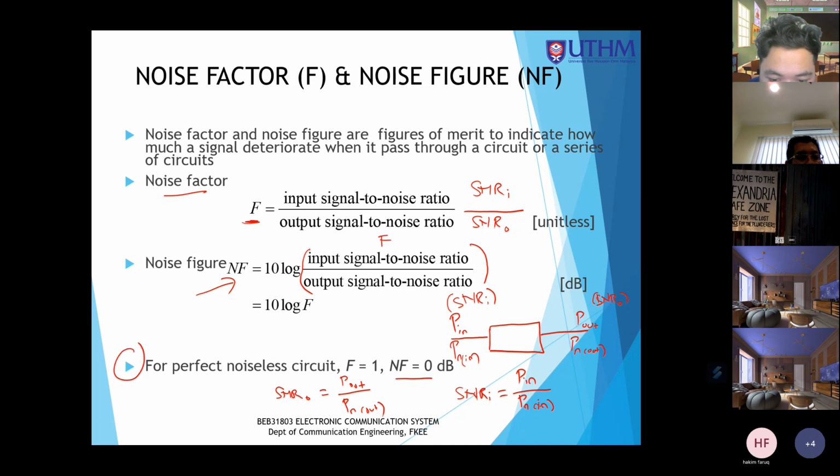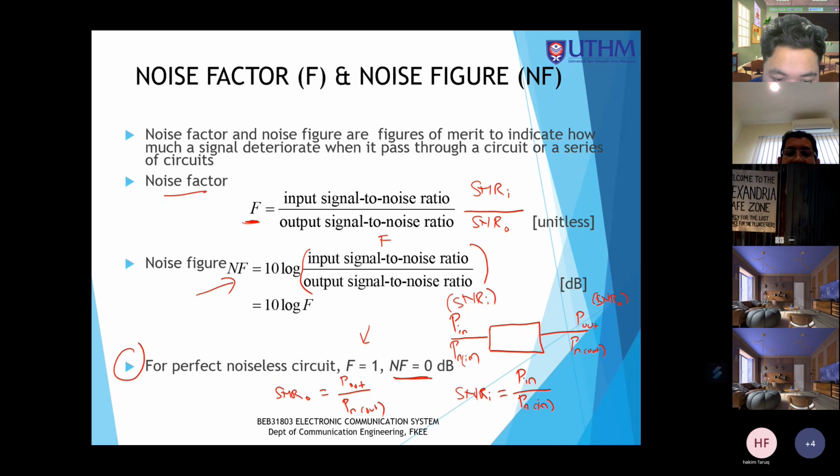So you see that this statement, if the output is equal to the input, okay, if the SNR output equal to the SNR input, that means F equal to 1. So this is what we call as a perfect system. Okay, perfect system, noiseless, tidak ada noise. Okay, yang mana NF adalah kosong.